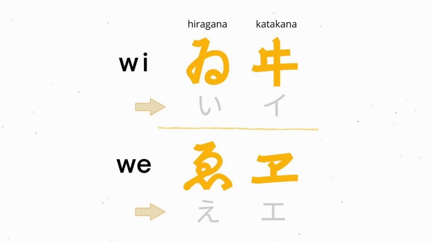Let's go over obsolete kana first because it's the easiest to explain, and they're the ones that you will most likely see. So there are two obsolete kana, or I guess four of them, for the sounds we and wo. Let's go over we first because we is used much more than wo. In fact, wo is almost never used.